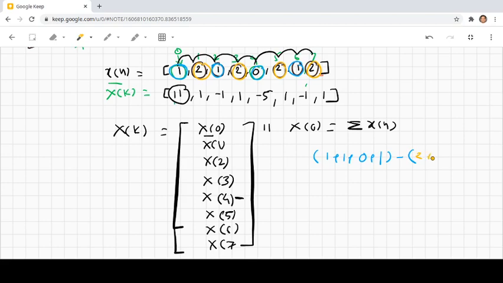So it is 2 plus 2 plus 2 plus 2, that comes out to be 8. So it is 3 minus 8, that comes out to be minus 5.